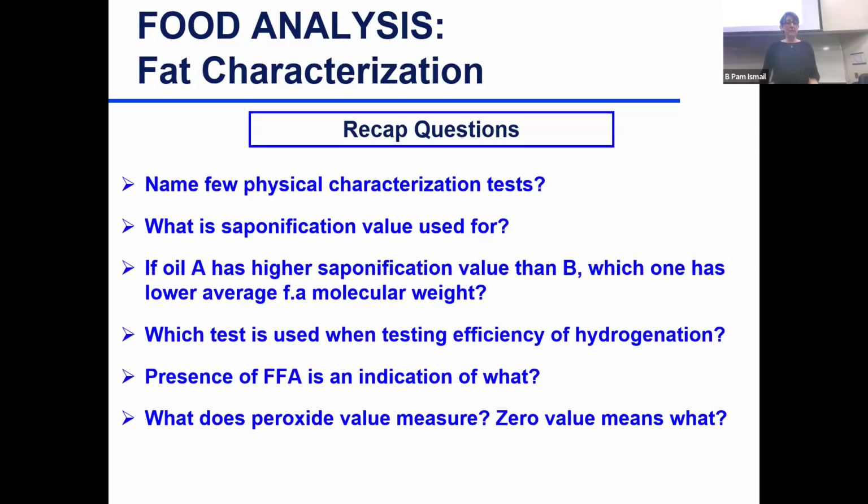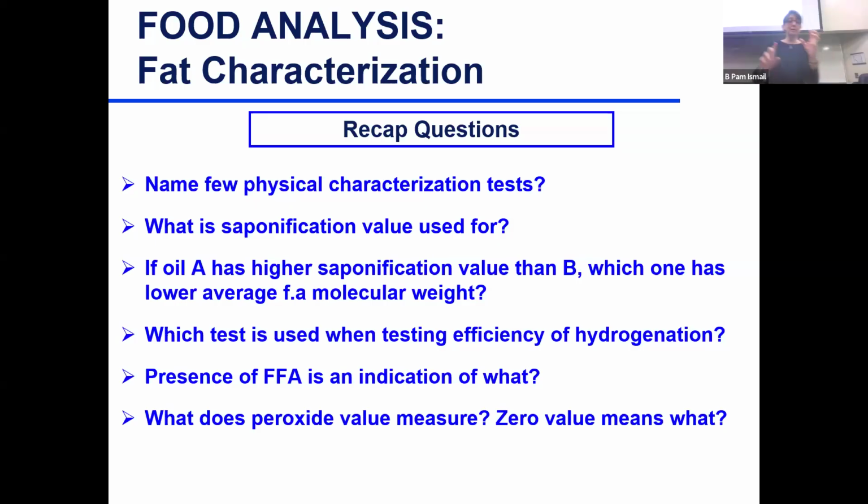So let's think about this. If oil A has a higher saponification value than B, which one has a lower molecular weight of its fatty acids? B will have the higher. It's an opposite relationship. So A will have a lower molecular weight.